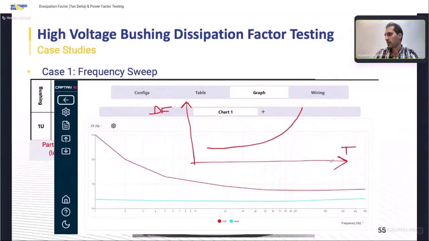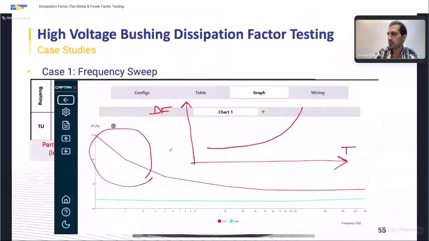But instead of increasing the temperature, we can decrease the test frequency. They are the same. You can decrease the test frequency or test the dissipation factor of the bushing at high temperature. And because of that, in our device, we've decreased the output frequency to 1 hertz. We can test from 1 to 500 hertz.